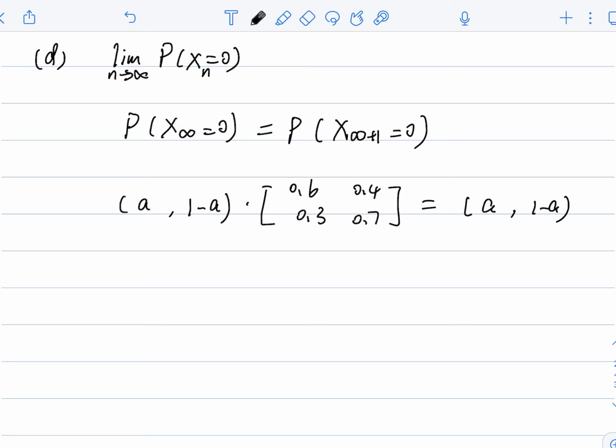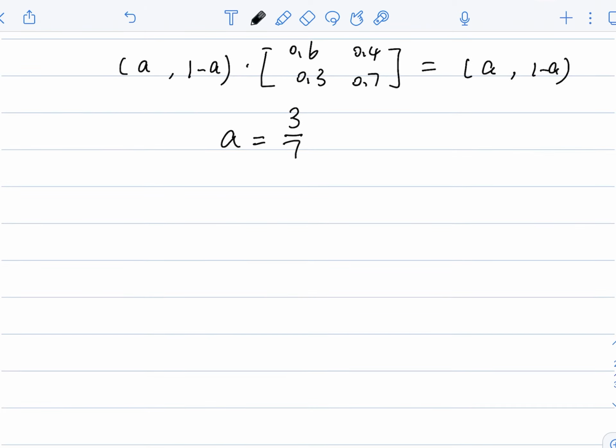Solving these equations, we get that a equals 3 divided by 7. Hence, we get the value of the probability when xn, n near infinity, equals 0 has a probability of 3 divided by 7.